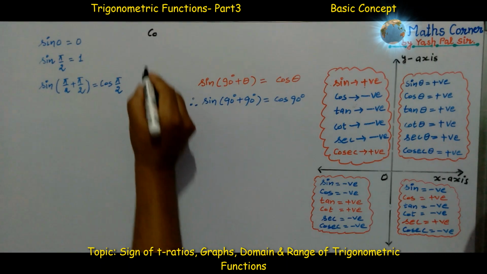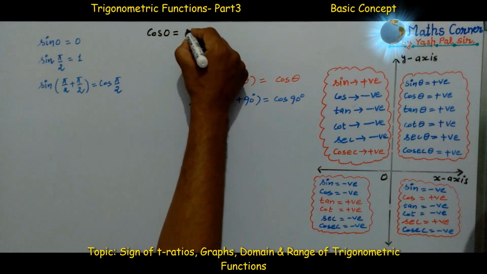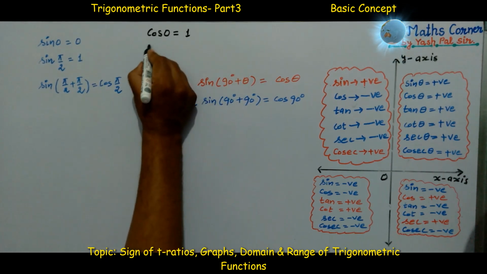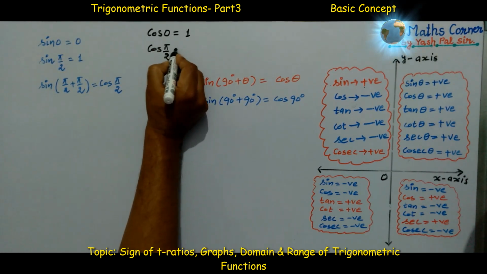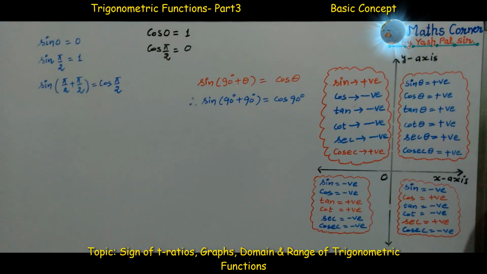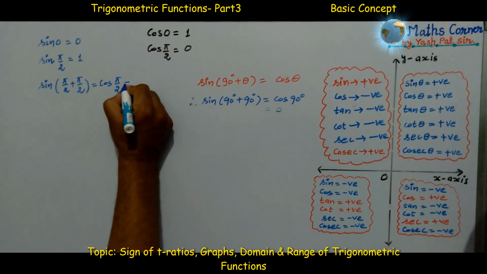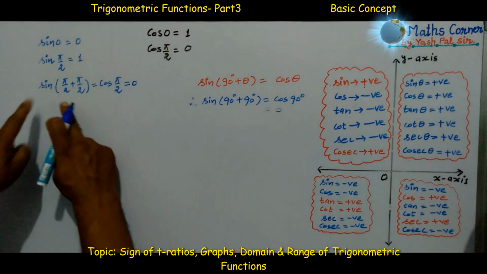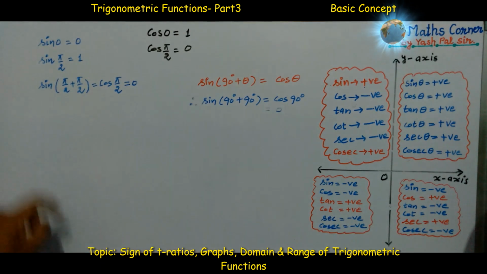We know that cos 0 is equal to 1 and cos pi by 2 is equal to 0. So cos 90 degree, this is equal to 0. So what is the value? Sine pi by 2 plus pi by 2, this is equal to 0.